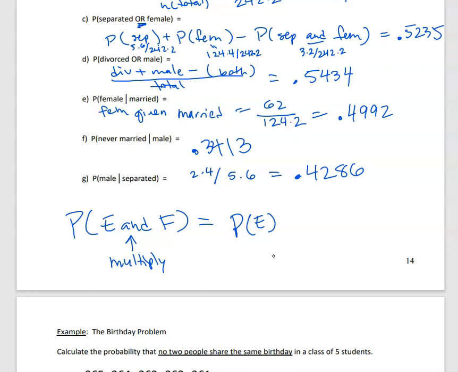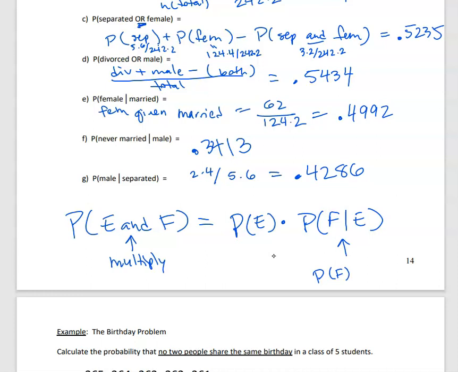So E happens, and then F happens, but it should be the probability of F given that E already happened, because the event E happens, and now we want to know what's the probability that F happens given that E already happened.